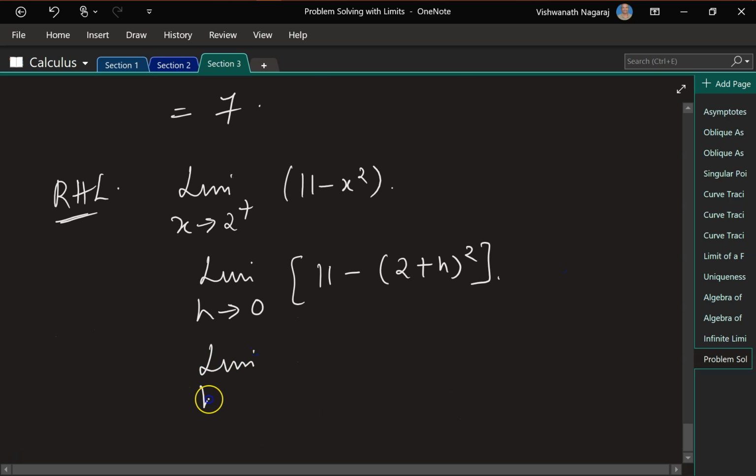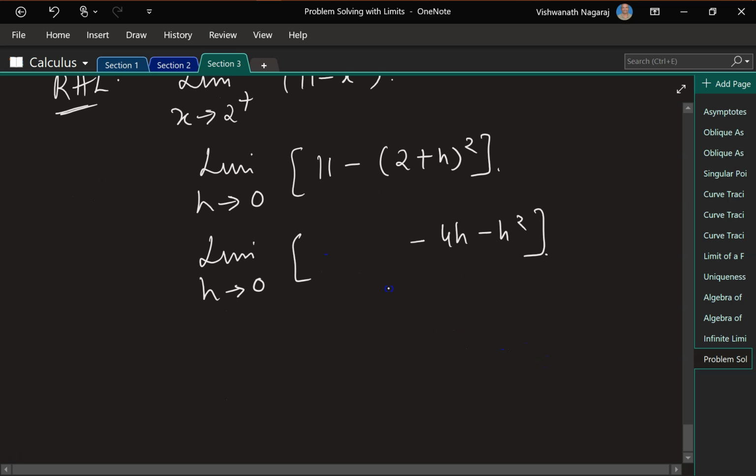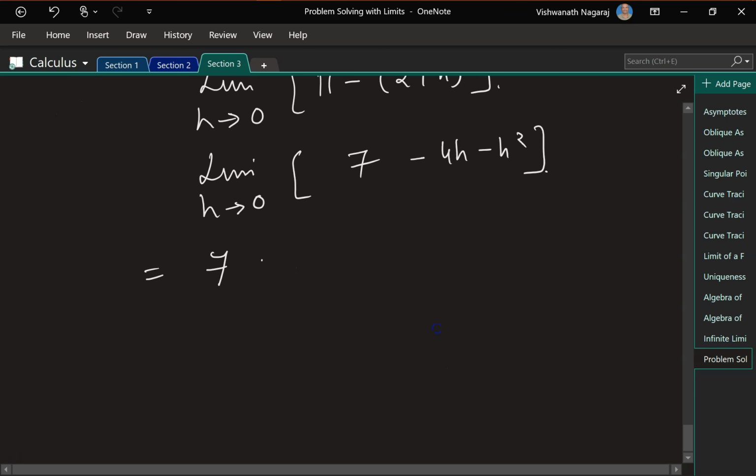So limit as h approaches 0 of 11 minus 4 minus 4h minus h square. This is nothing but 7, since 11 minus 4 is 7. So when we take the limit, it is 7. Therefore LHL equals RHL equals 7.